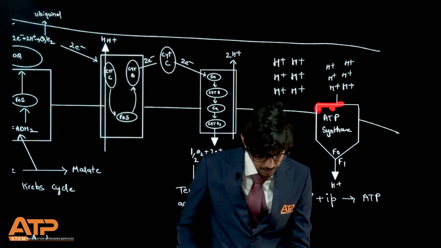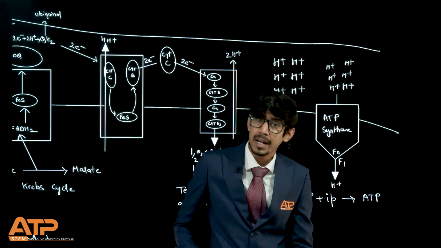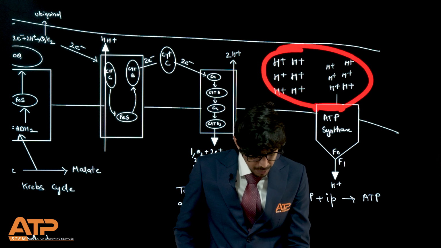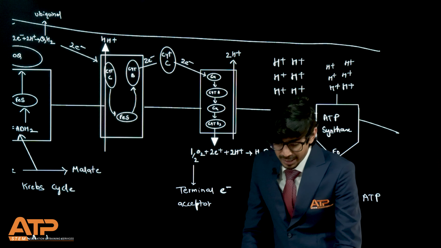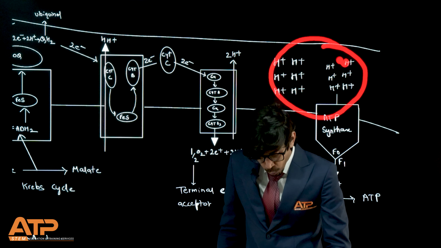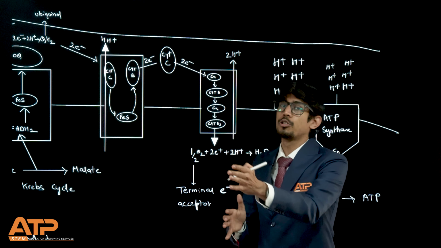It is ATP synthase. ATP synthase is like, okay guys, you want to go inside? Okay, I'm there. It provides the channel, or the gateway, so that these hydrogen ions can move. So when they get this channel, they quickly rush through it.